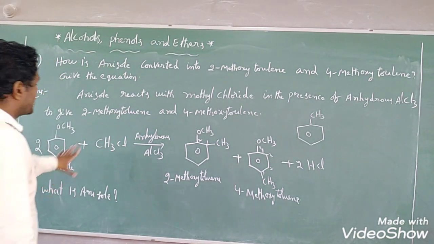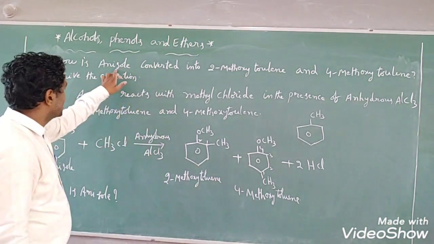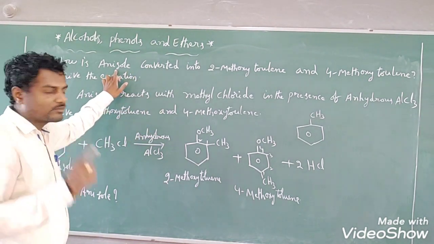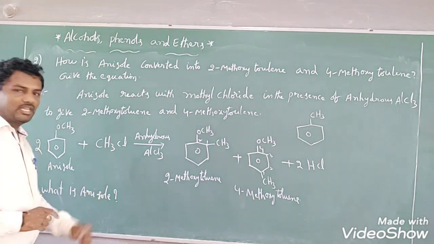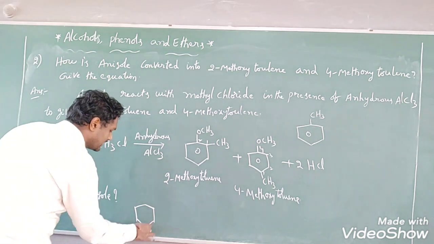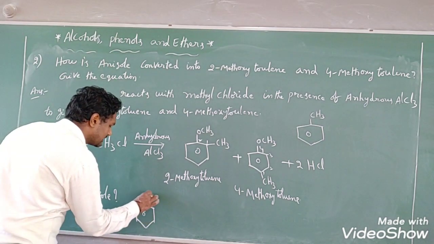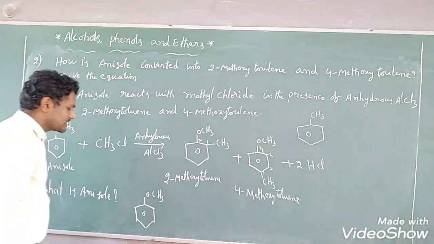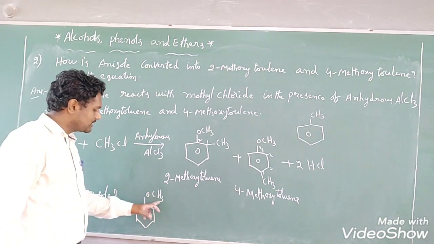Sometimes instead of asking the total question, there is a chance to ask a 1 mark question: what is anisole? Anisole is nothing but methyl phenyl ether. On benzene, OCH3 is present; this is phenyl and this is methyl.